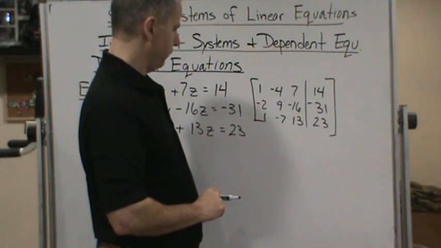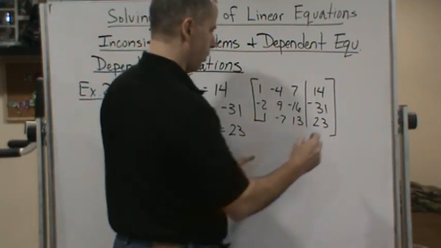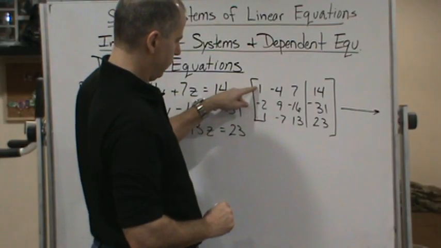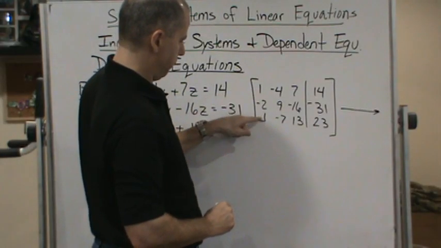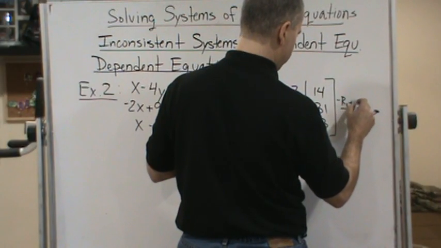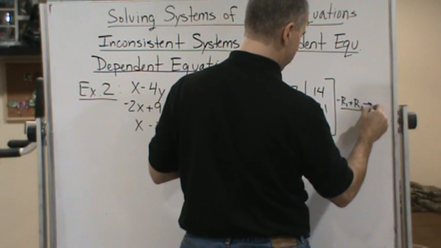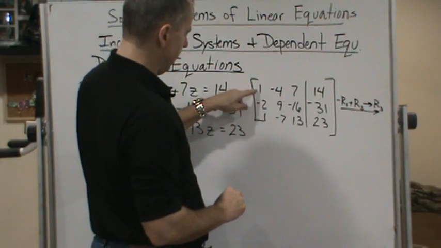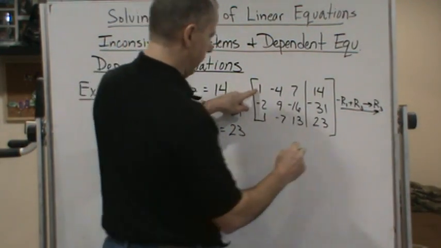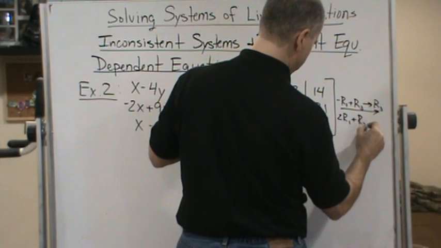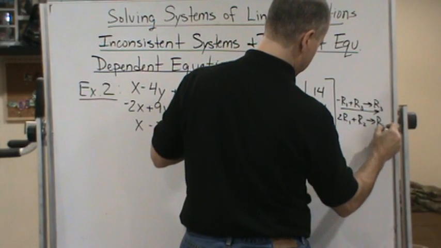Okay, so the first thing we would do is eliminate these two, make these 0. The way we're going to do that is we're going to take negative row 1 plus row 3, and then we're going to replace row 3. And then we're going to take 2 times row 1 plus row 2, and we're going to replace row 2.